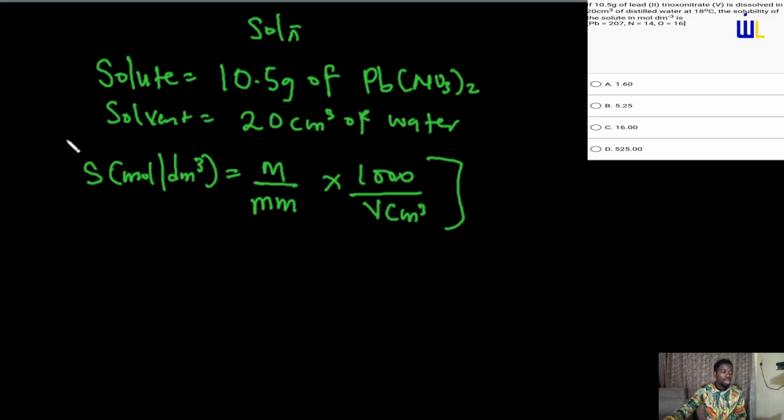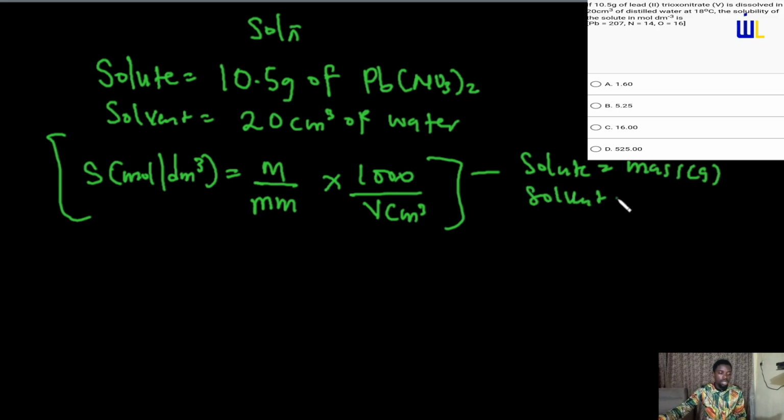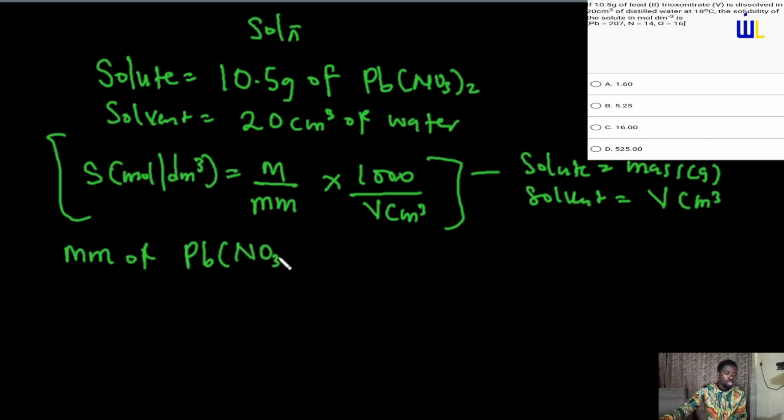So have this in your head that we use this when solute is in mass in gram and solvent is in volume in cm cube. So let's get to work. Now this implies that we need to find the molar mass of the salt. So the molar mass of Pb(NO3)2, as I said earlier, is the sum of atomic masses.